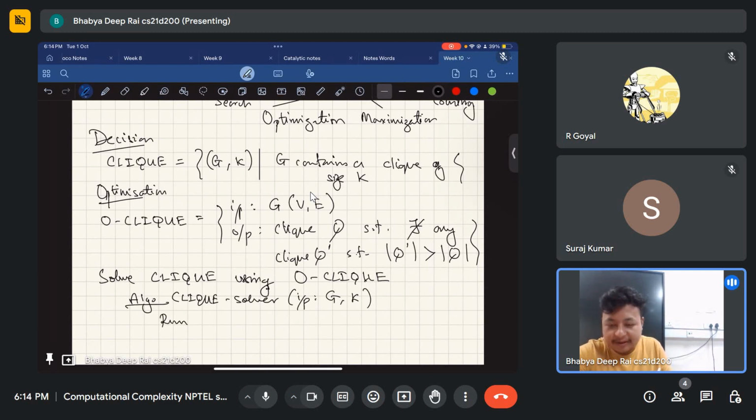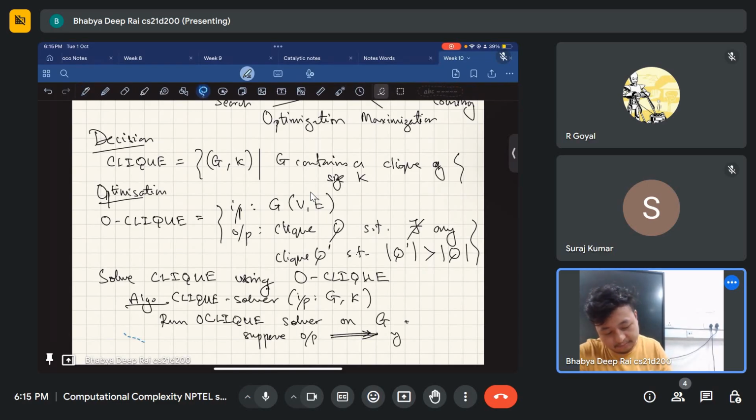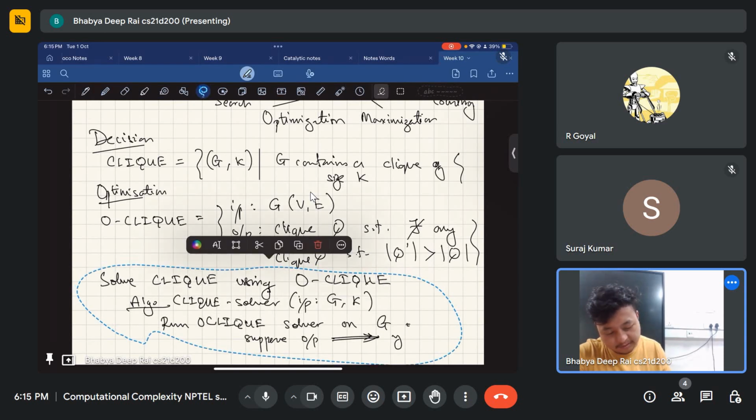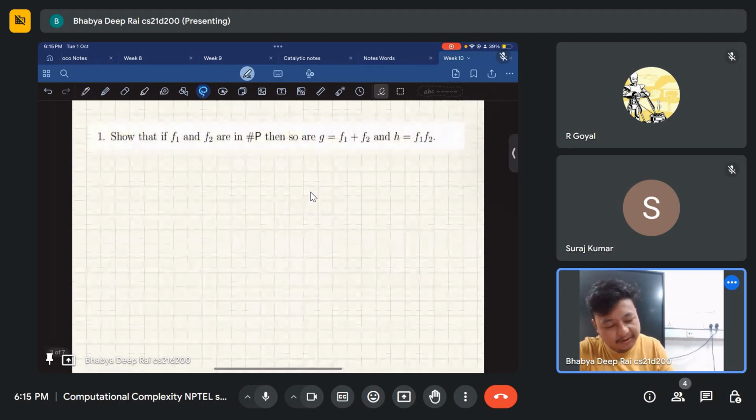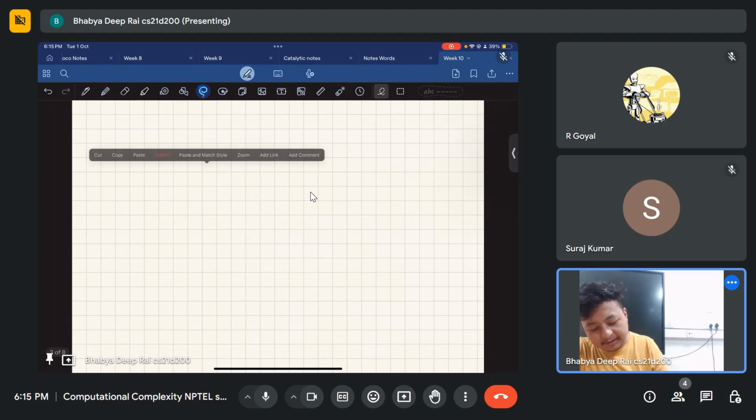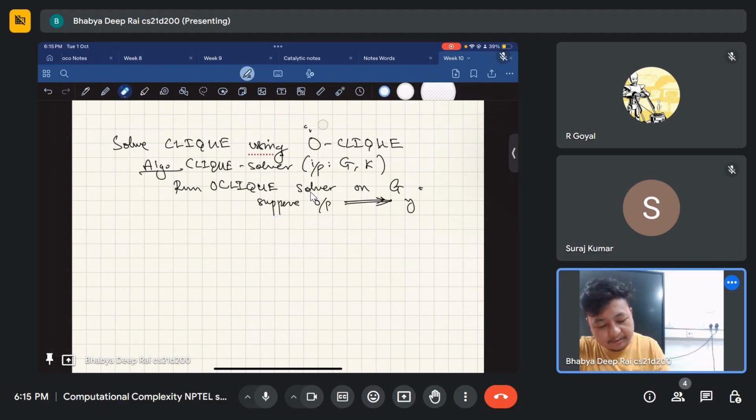I just simply run O-click solver on G, and the output is stored in, let me not call it y, let me call it Q, where Q is a clique. Q is a set of vertices.